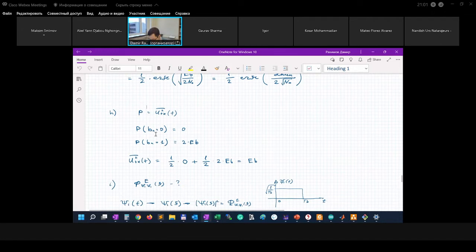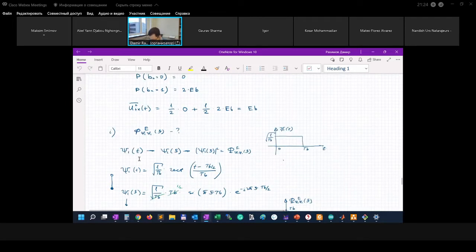So afterwards, we performed some statistical analysis of transmission. First of all, we calculated the average power. For this case, we see that average power just matches average power per bit, but because of normalization, we get this E_B.